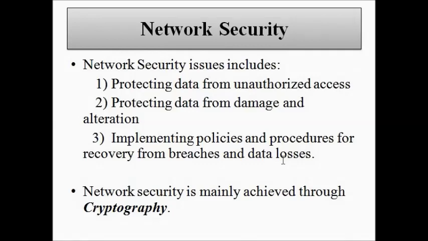This is what network security involves, and it is done through cryptography. Cryptography is the science or art of network security, which involves using some coded way to represent our information using something called cipher, encryption, decryption. So this is what cryptography is all about.